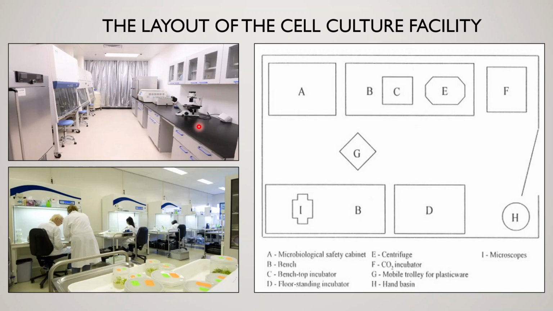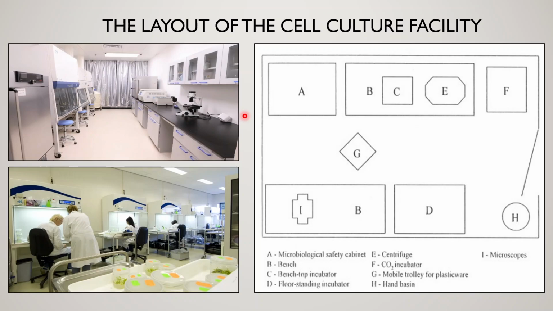Also, the entry to this room, that is the two doors which will lead into your core cell culture room, must not be opened simultaneously. Only when one door, that is the main door, closes, shall you open the next door, which will actually lead you into the main cell culture room.